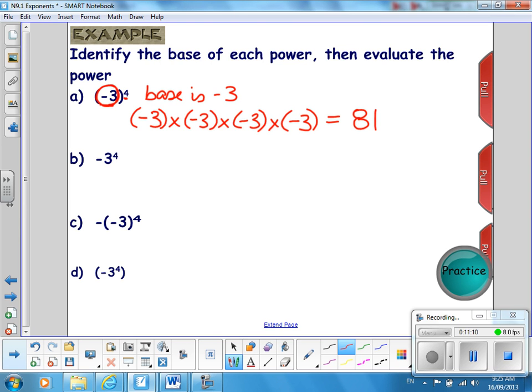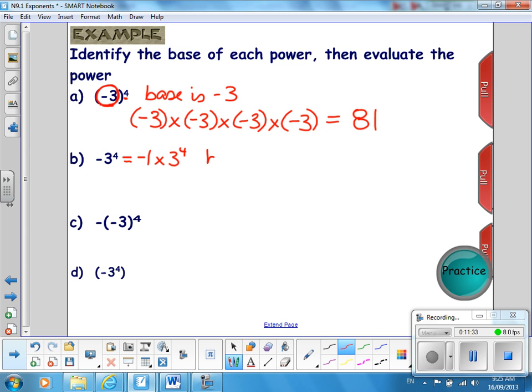Now if you look at B, -3^4, you may think it's the same thing. However, this time there is no brackets. When there's no brackets, this is actually the same as saying negative 1 times 3 to the exponent 4. That negative is not attached to the power of 3.